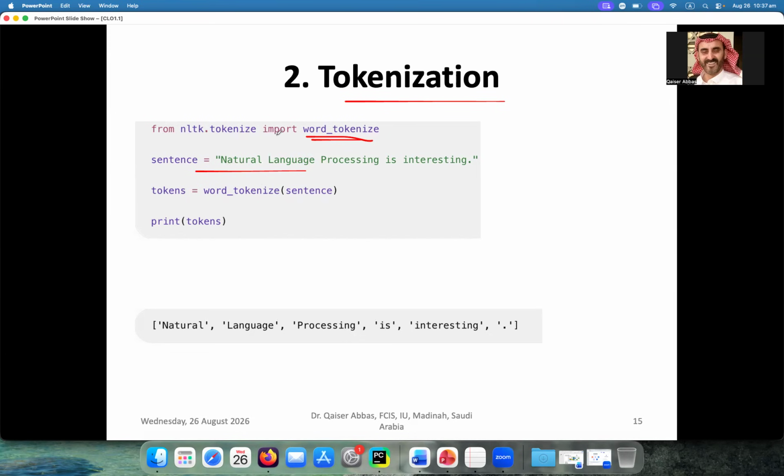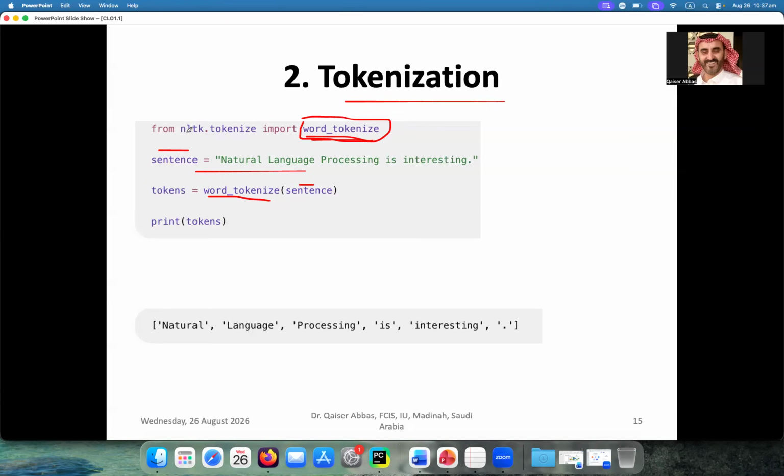When you use import, you are basically importing a function. How do you normally call a function? With the function name and parentheses. Here we are calling the function word_tokenize with parentheses, and we are passing this sentence as an argument to it.